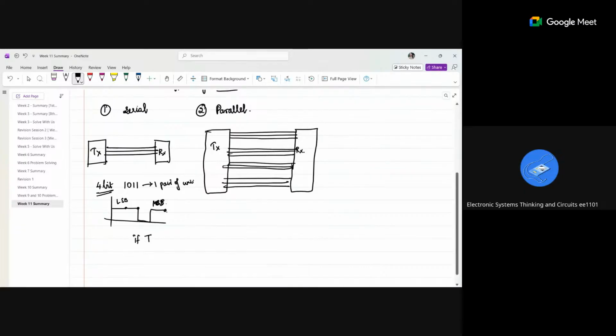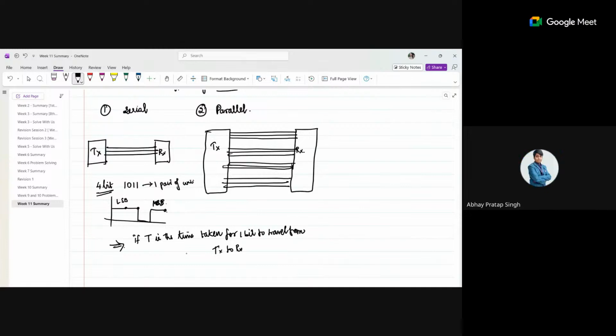If T is the time taken for 1 bit to travel from TX to RX, what is the total time taken to transmit the 4-bit data in serial communication? Number of bits, yes.